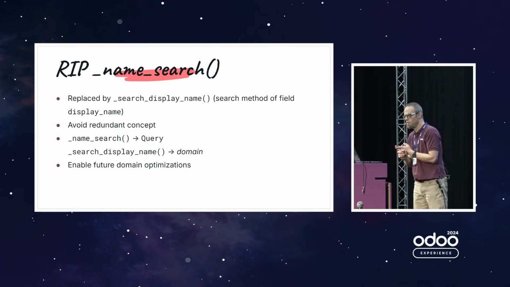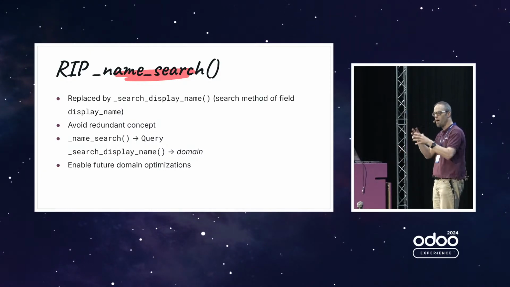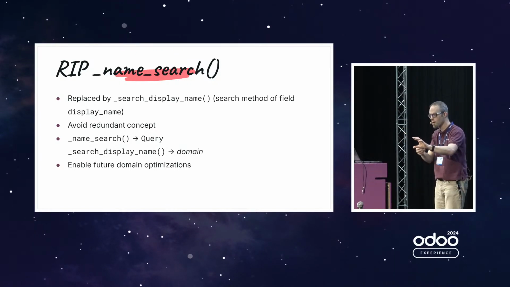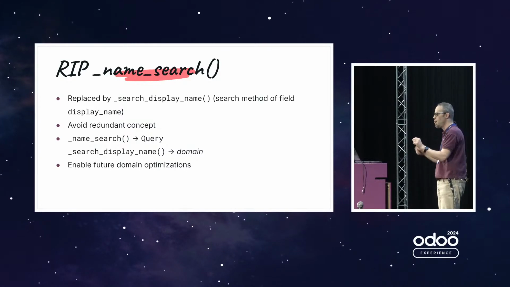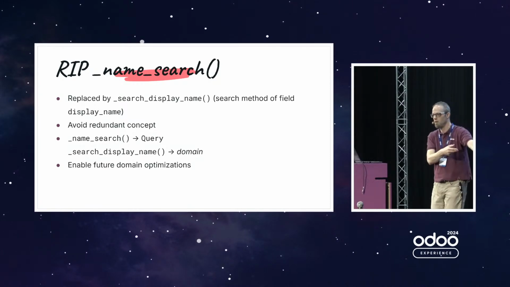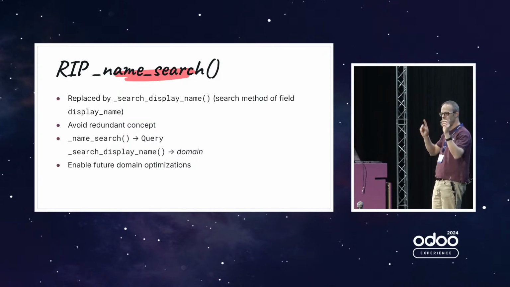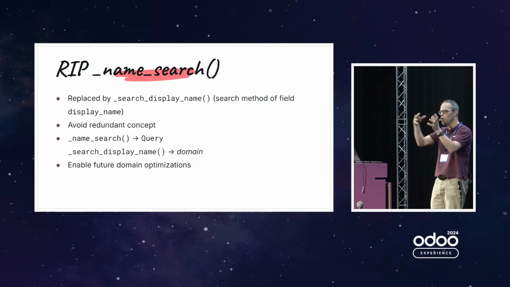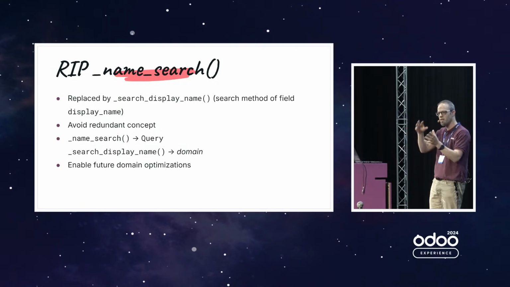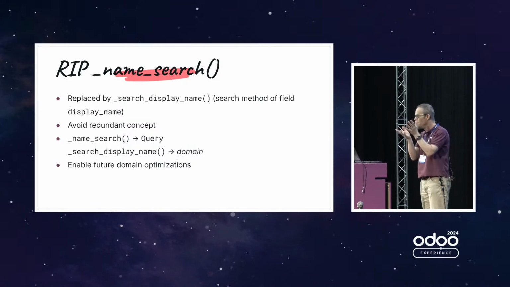The advantage is that name search was tricky to combine when it was part of another search. Name search was used when you say partner ID like something. There was an implicit name search being done there. And as you had an explicit query object, you couldn't combine it with another query or do other kinds of optimization. It was tricky. Somehow you were a bit too far in the composition to enable some optimization.